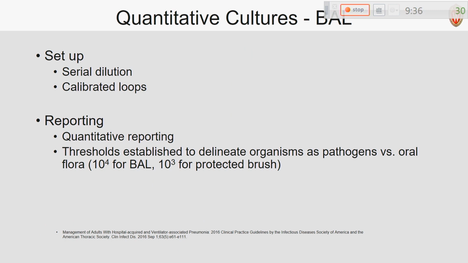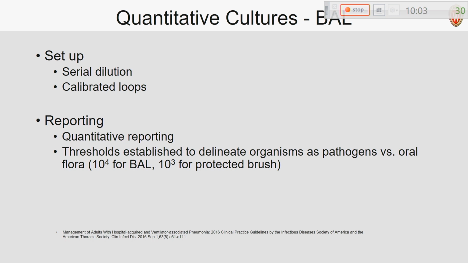Okay, I wanted to talk a little bit about quantitative cultures for BAL samples. That is another diagnostic technique that could be used to try to differentiate what organisms are actually causing an infection versus just normal flora. There are two different options. You can either do a serial dilution on these samples, or there are procedures for just using a calibrated loop, similar to a urine culture.